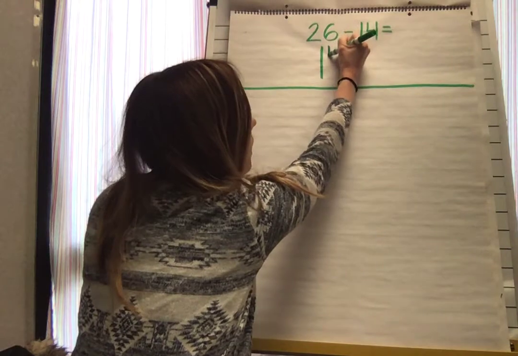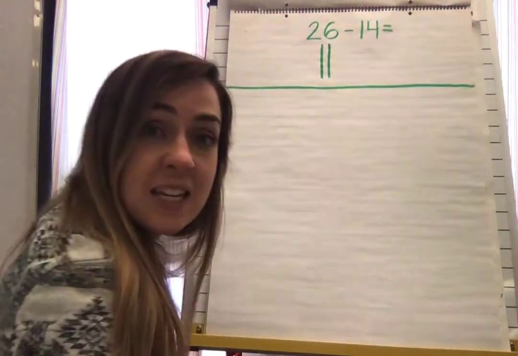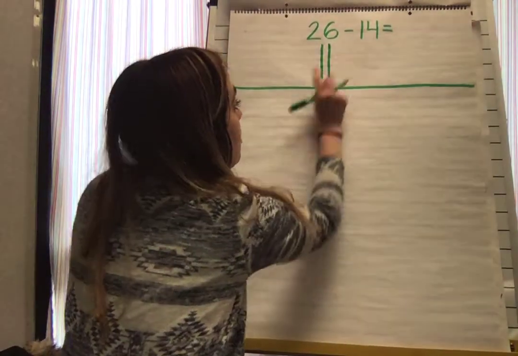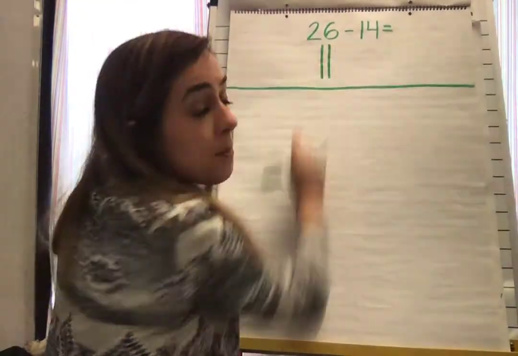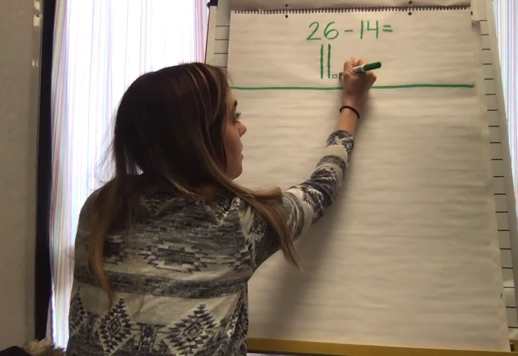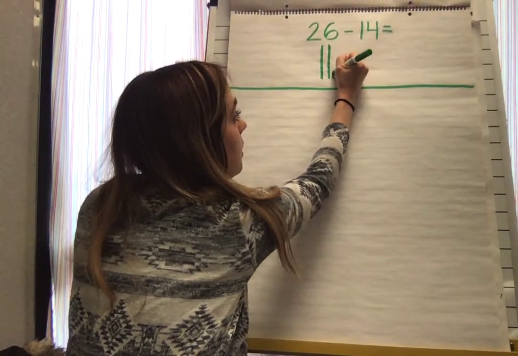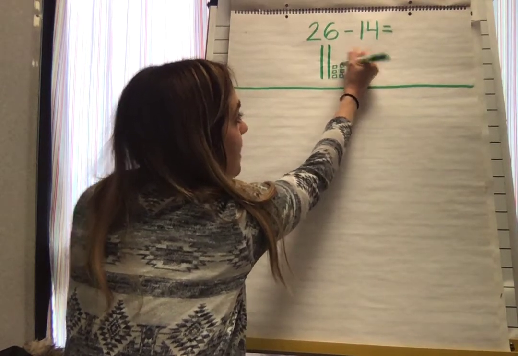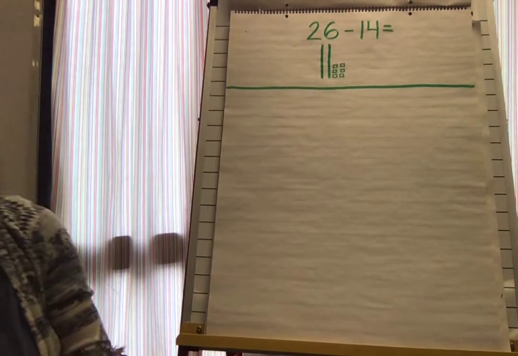So your work should be nice and neat, so not only you can read it, but I can read it too. So I have 10, 20. Now I'm going to build my 6 with 6 cubes. 1, 2, 3, 4, 5, 6. All right.